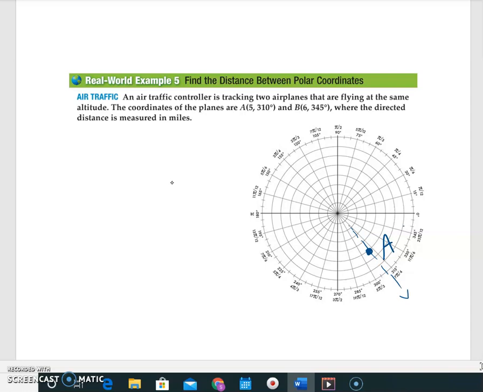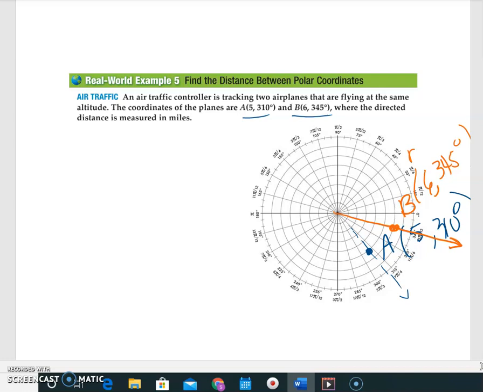So this is plane A, which is at 5, 310. And then we have plane B, which is at 6, 345. So we need that one. I'm going to measure around 345 degrees, which is here, and 6 units for that one is 1, 2, 3, 6 units. And that is B, which is at 6, 345. So I want to label my points.